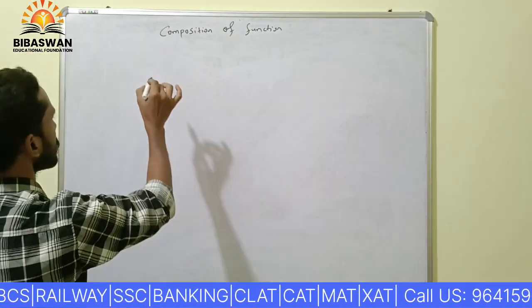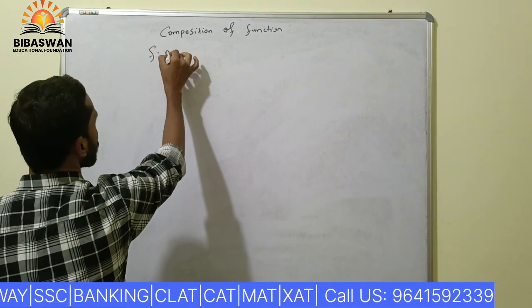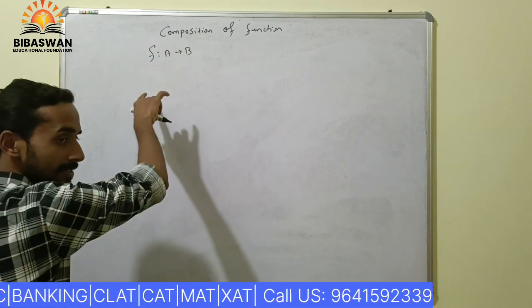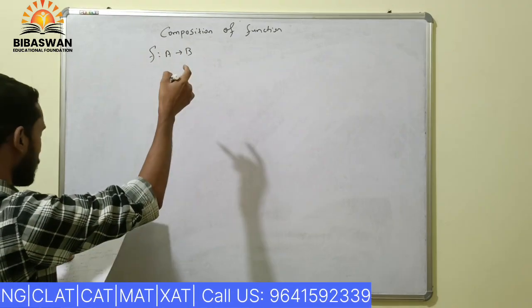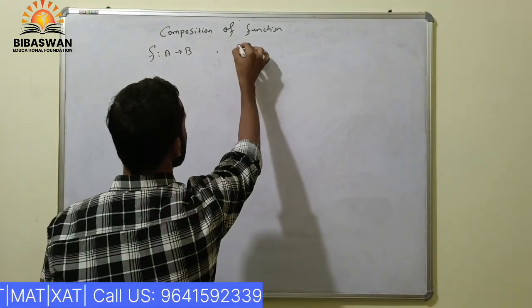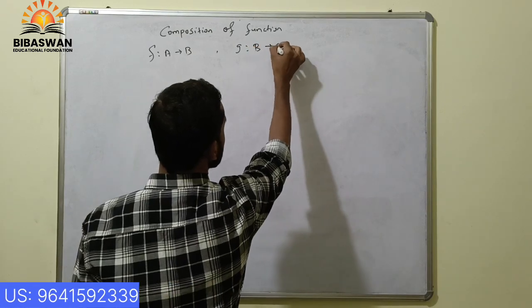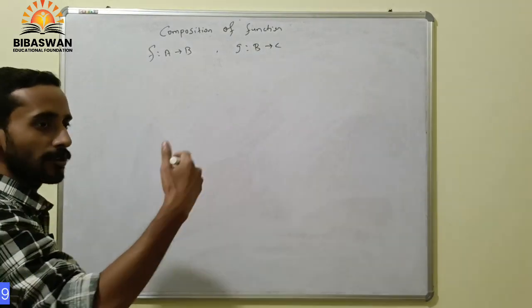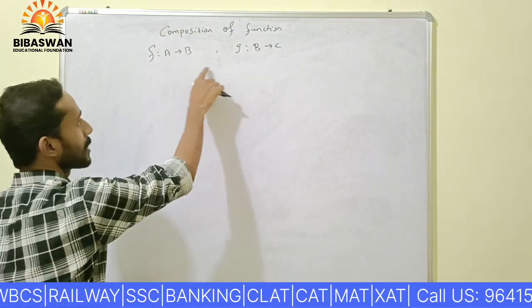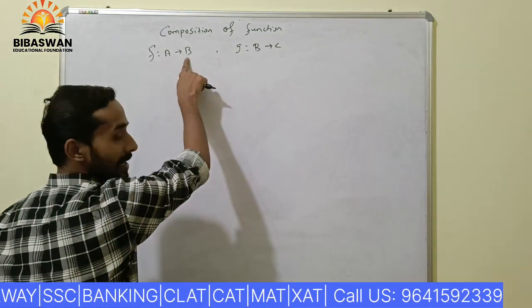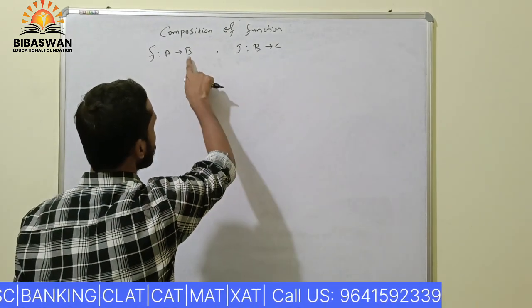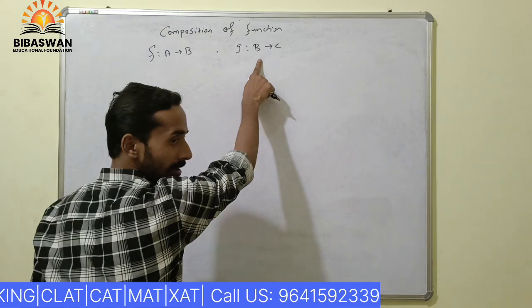So what is composition? First understand with the rule. There is a function from A to B, and there is another function from B to C. There are two functions, A to B and another function B to C. Look at this set. This set belongs to the same B. Understood?